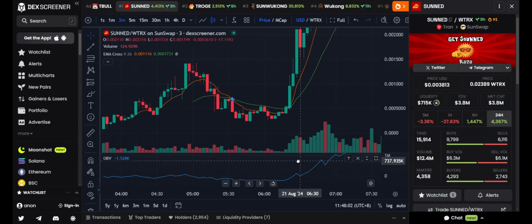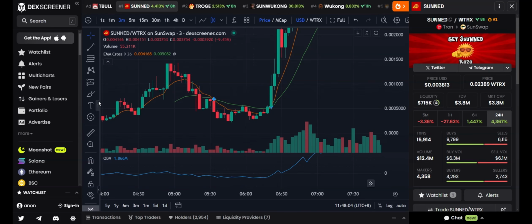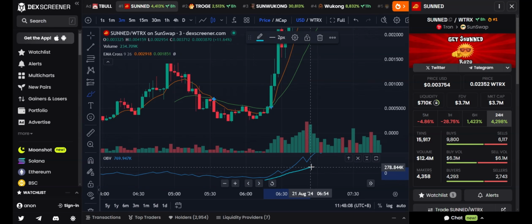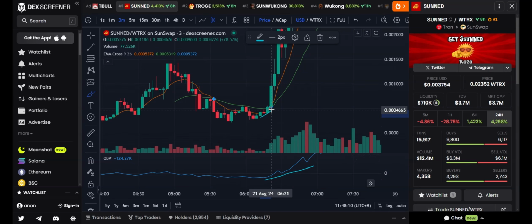So this is what you want to be looking for. You want to be looking for an increase in volume, like that, on a cross to give us our entry. And that is our entry trigger right there, okay?